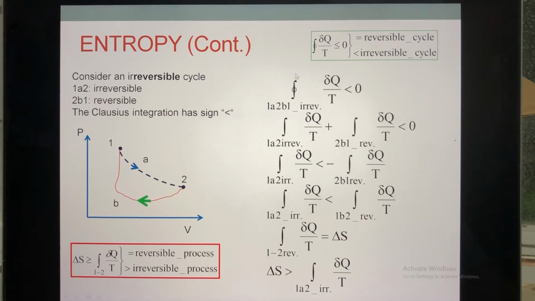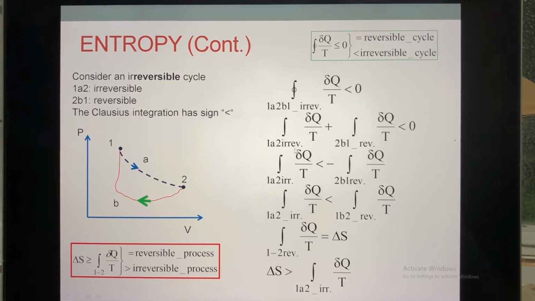I also calculate this one, but because it includes an irreversible process, here I have to pick the sign smaller than 0. So I divide this closed cycle into two processes: the first one from 1A2 like this, and the second one 2B1. Actually 2B1 is a reversible process and 1A2 is an irreversible process.